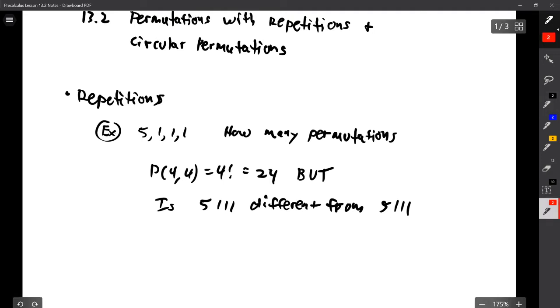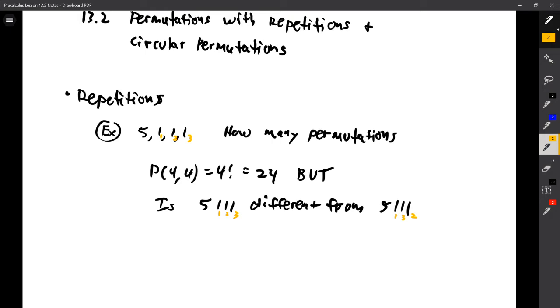Where what I did is let's just say we call this one the first one and the second one and the third one. Well, is 5, 1 sub 1, 1 sub 2, 1 sub 3 different from 5 sub 1, 1 sub 3, 1 sub 2? Well, yes, if we have a way to distinguish each of these ones from each other.